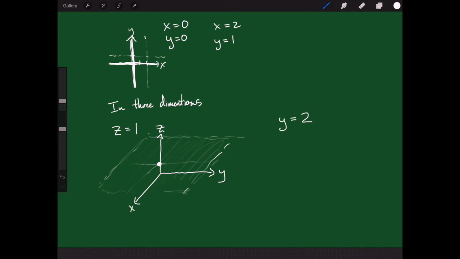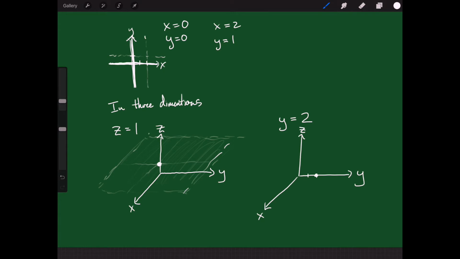So let's draw that one. So here's our z-axis. Here's our x-axis. Here's our y-axis. And for y equals 2, I'm going to go out 2 in the y direction. And I'm going to put a point because the plane is definitely going to go through that point.